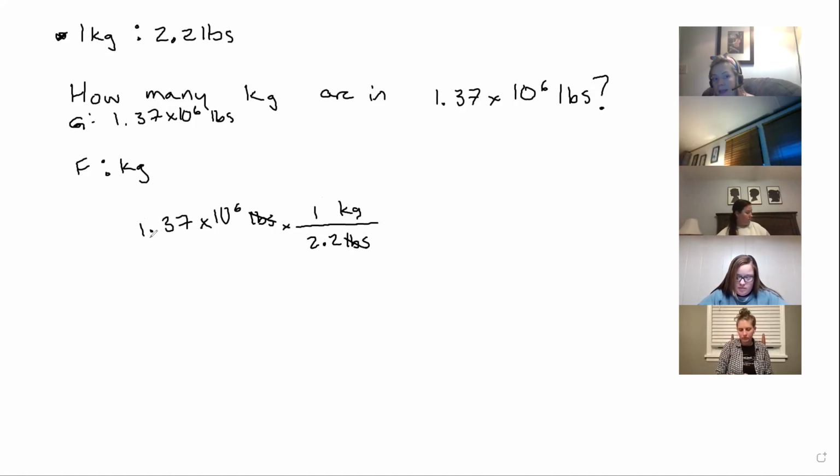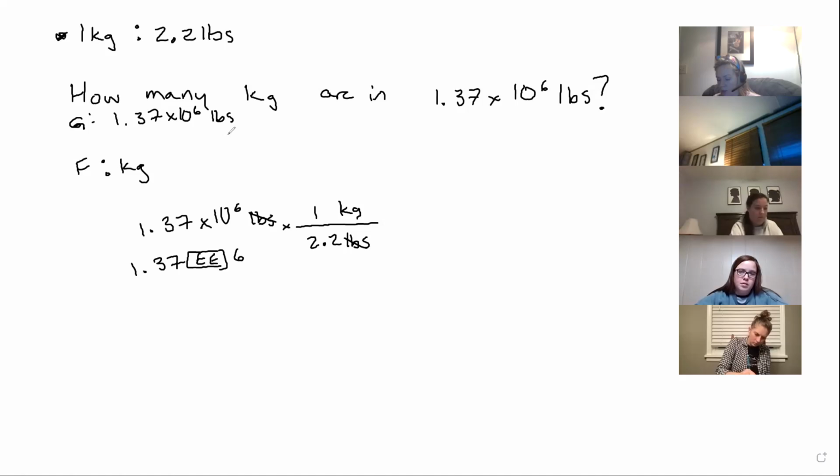When I plug this into my calculator, you can write it as 1.37 times 10 to the caret 6, or you can write it in your calculator as 1.37, and then there's an EE button to the 6. That's usually what I use. So here, I'll show you on my cell phone.